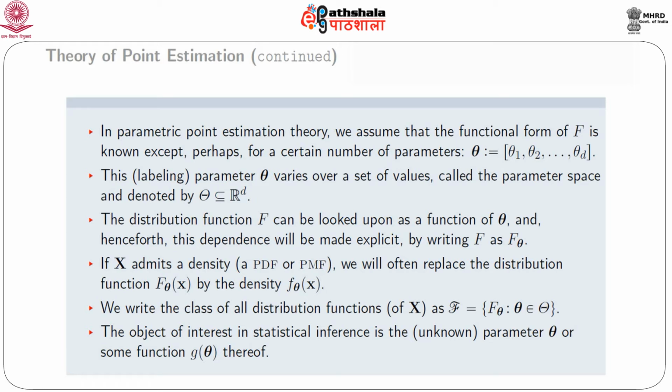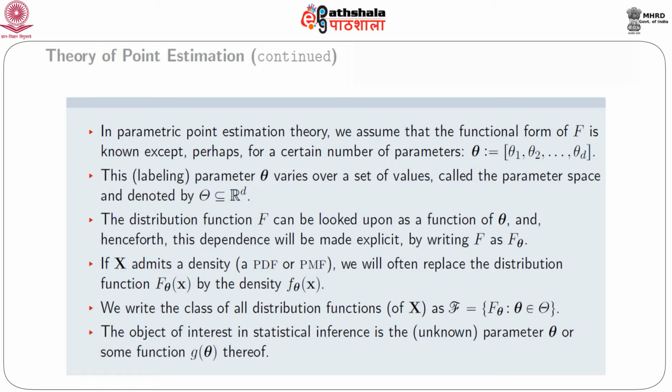Theta is called the labeling parameter. The parameter theta varies over a set of values called the parameter space, and it is denoted by script Theta. It is a subspace of R^d.